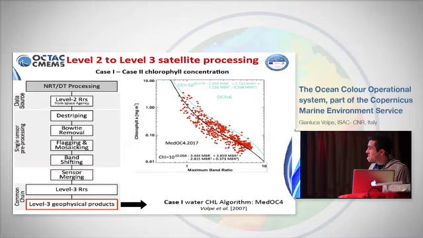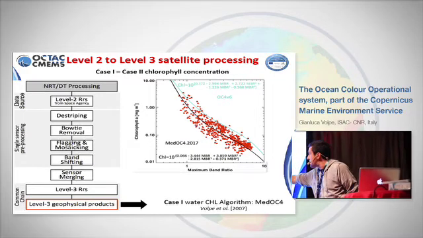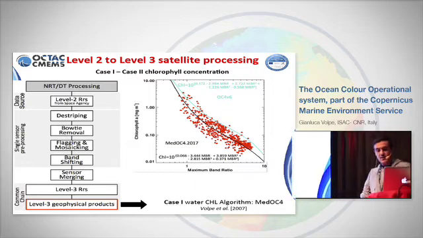And from this plot, you see the need of regionalizing the algorithms, from which you can see that there is a clear overestimation of the chlorophyll when you apply this line with respect to this other one.